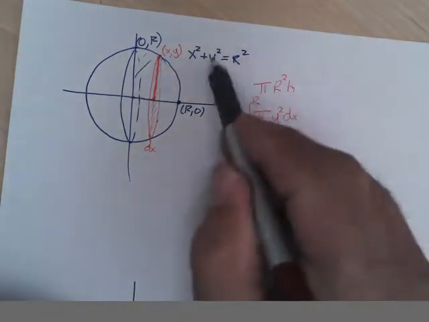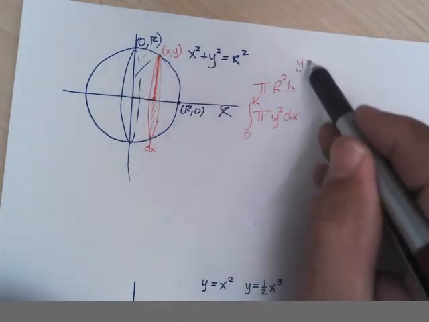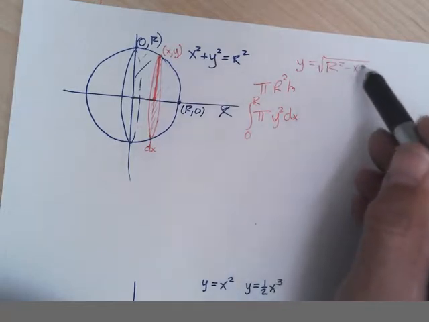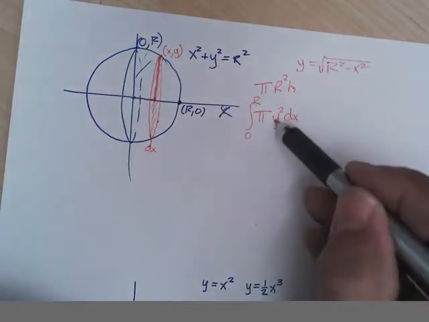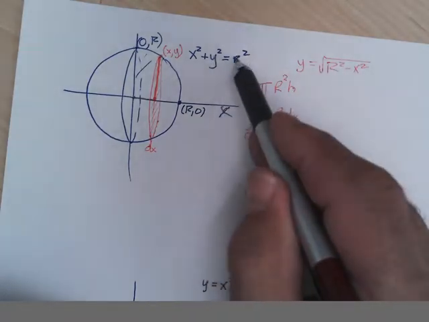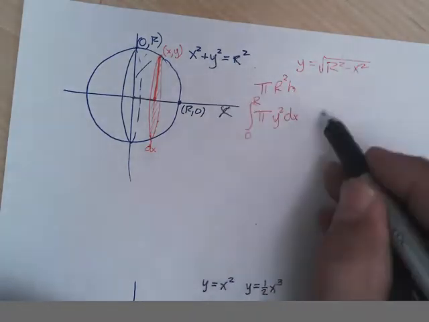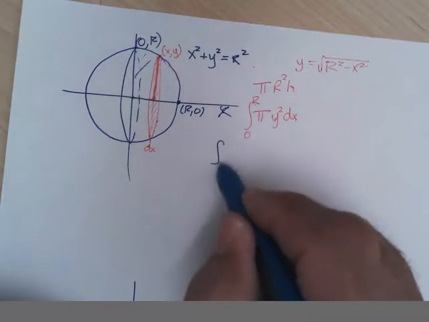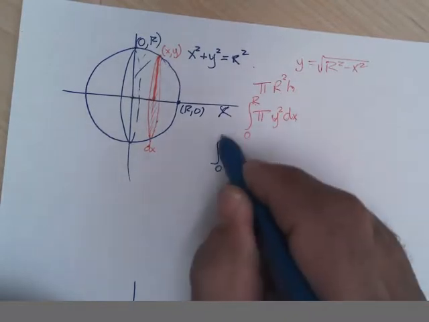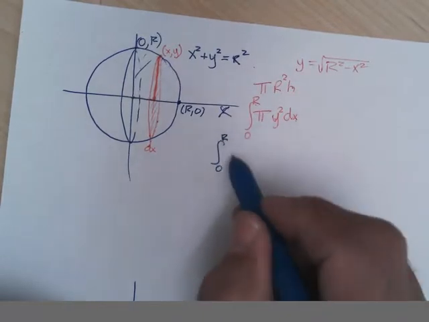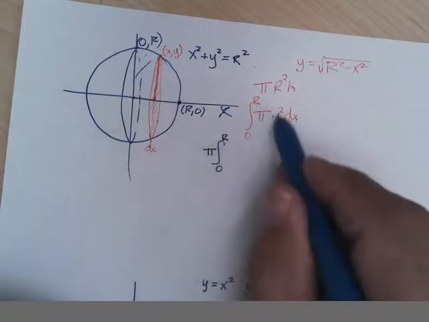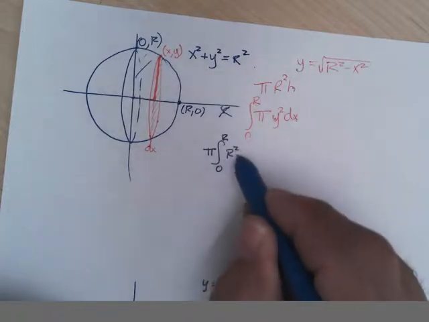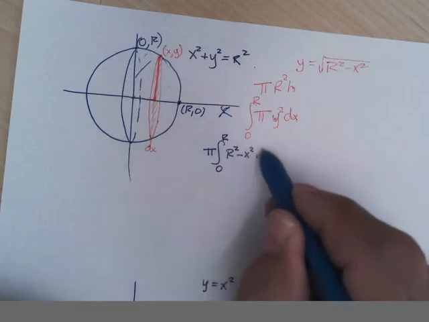So I could solve for y, which would be the square root of r squared minus x squared, and then I have to square it, or I can just say y squared is r squared minus x squared. So this integral becomes the definite integral from 0 to r. Pull the pi out, y squared is equal to r squared minus x squared dx.